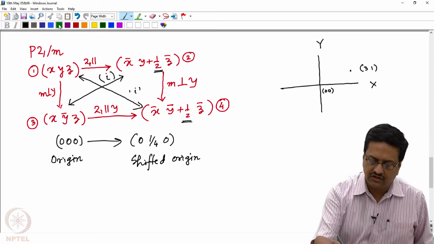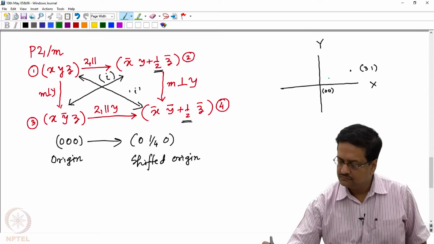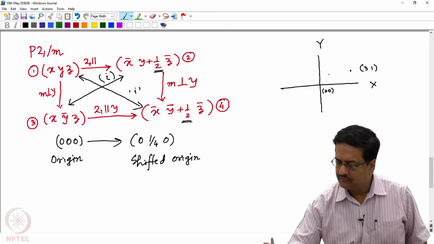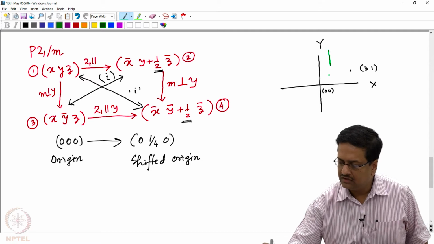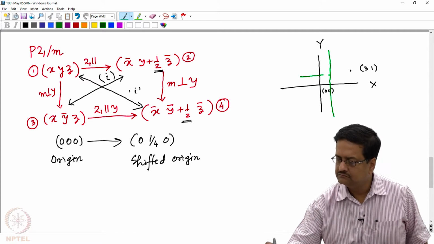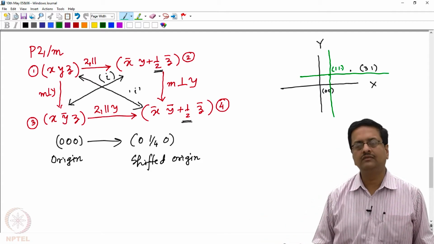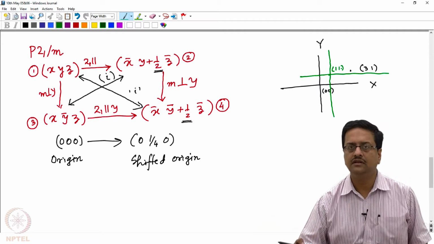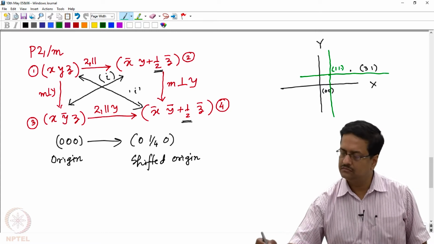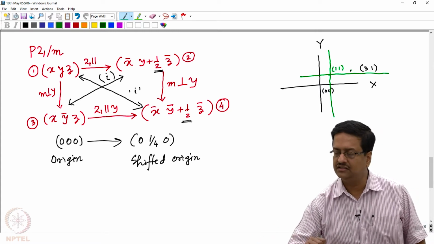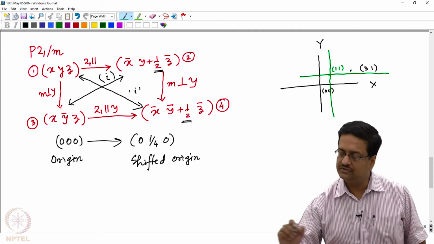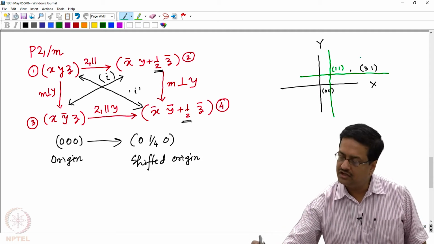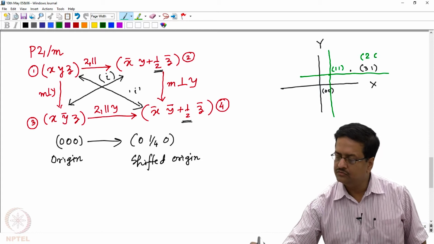Now if I shift the origin from 0, 0 to 1, 1, what will be the coordinate of this point with respect to the new origin? The coordinate of this particular point with the new origin will become 2, 0, right?